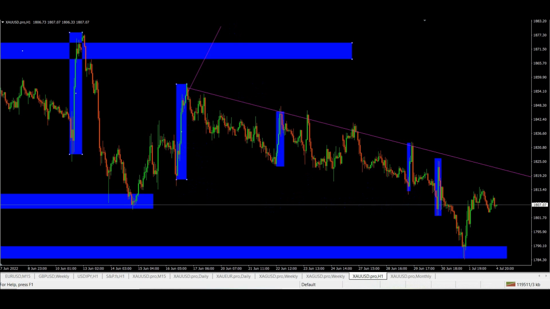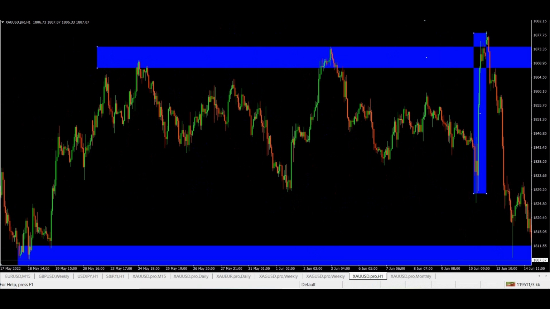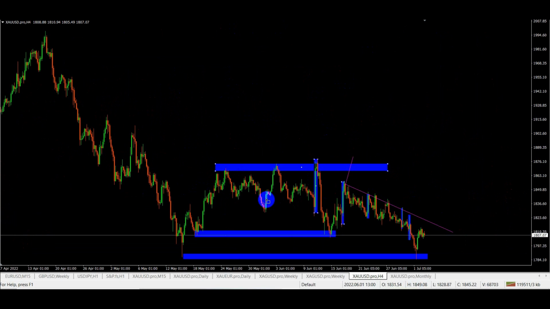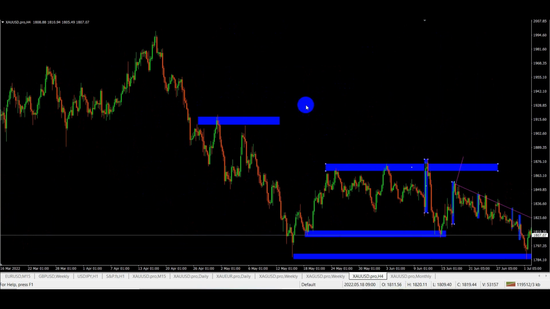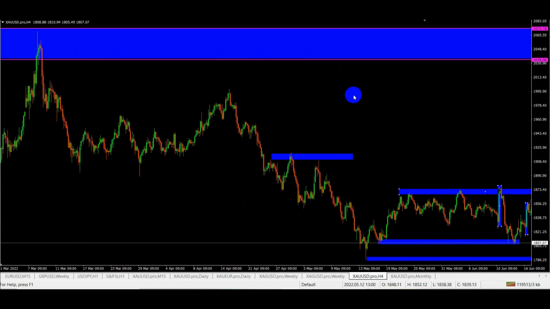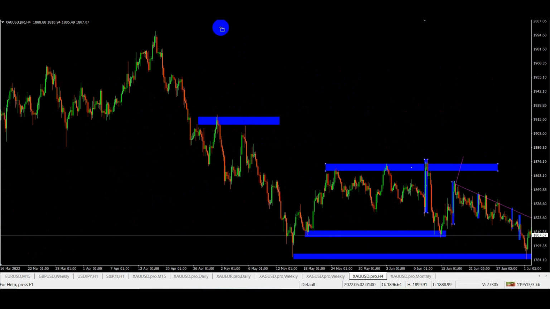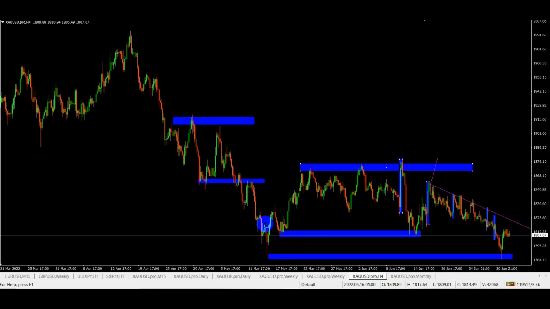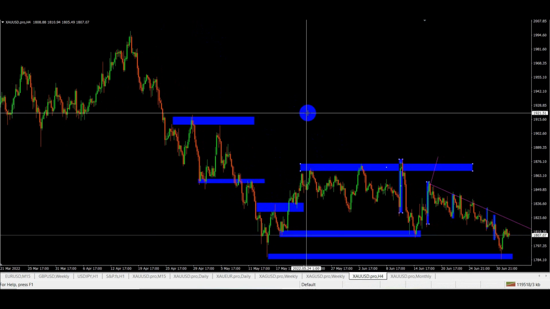So what I did was, I saw this, and from here I saw that even before that, you can see it dropping, and again this support becomes resistance. We saw another drop here. The price couldn't break this high.